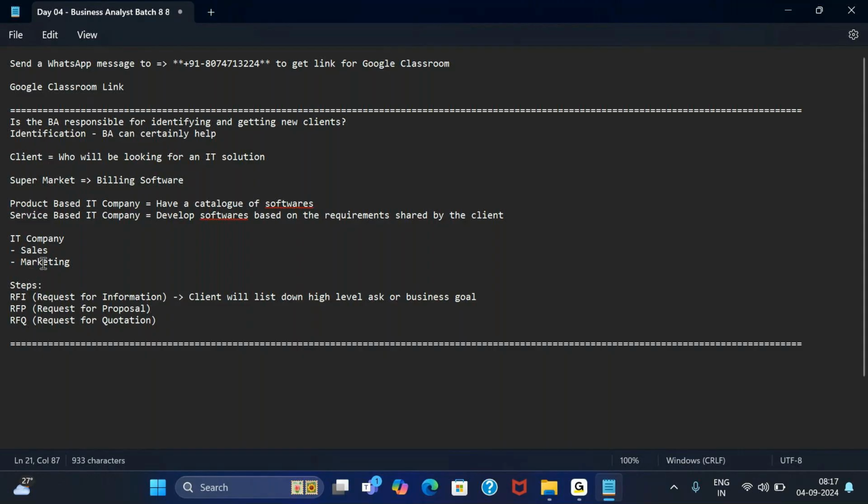Now the sales and marketing team of the IT companies will usually approach these clients and may seek more clarification. Okay, you are saying you want some e-commerce platform, but can you be a little more specific? Do you need some AI capabilities as well?